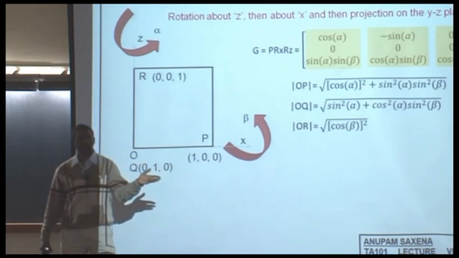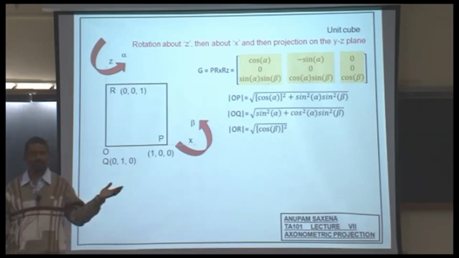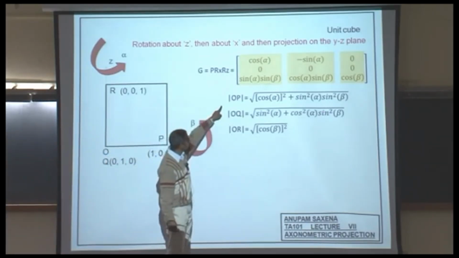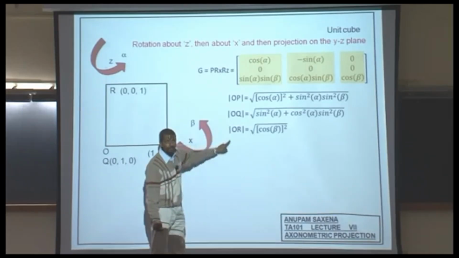Axonometric projections, you have three categories: isometric, dimetric, and trimetric. What happens in isometric? All three lengths are equal. What happens in dimetric? Two lengths are equal. Trimetric? All lengths are different. If I want to work with the isometric case, I have to ensure that OP is the same as OQ and that's the same as OR.